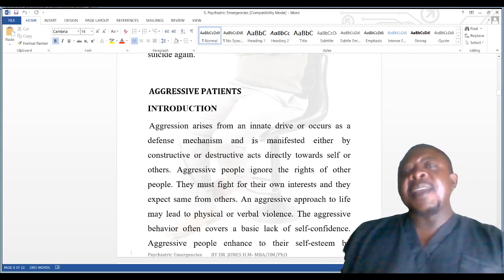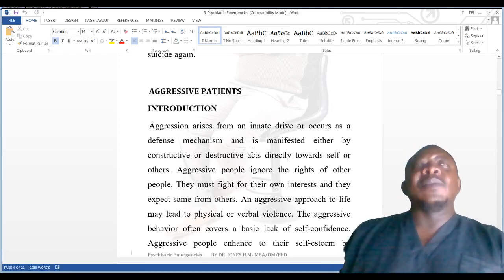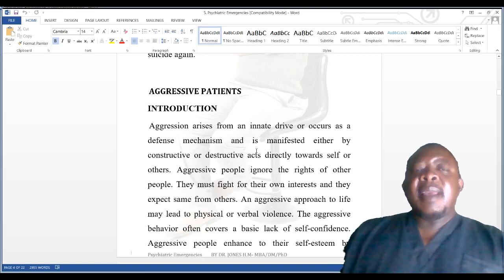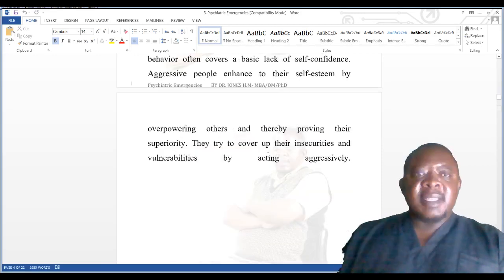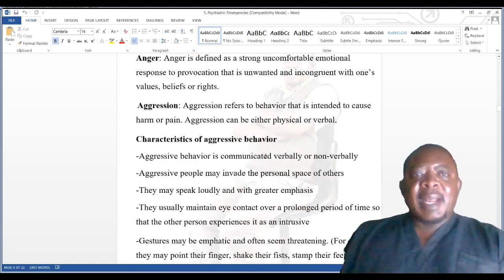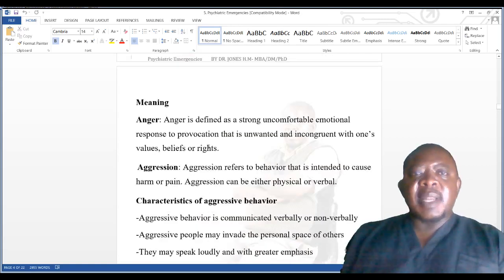So behavior modification skills come in to stabilize the patient. That is why it becomes a mental health or psychiatry emergency, because of the risk of harm that is there.